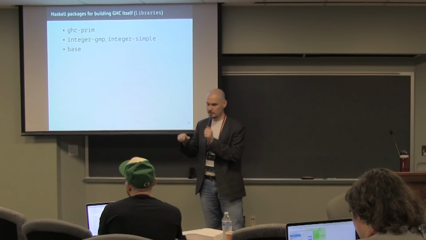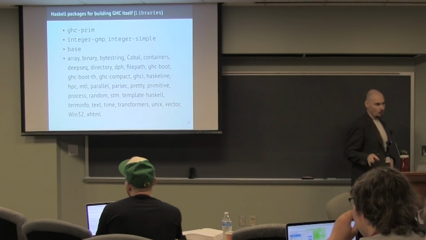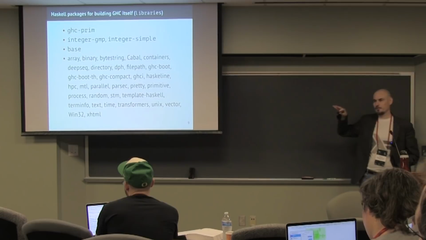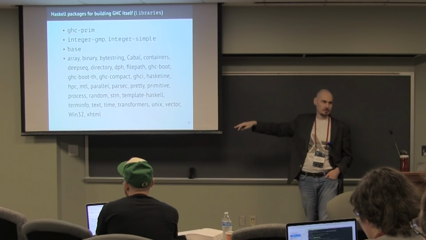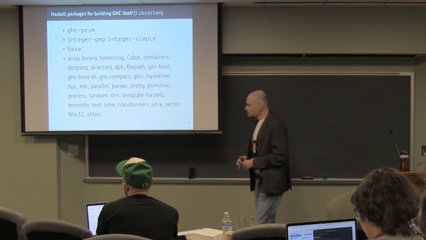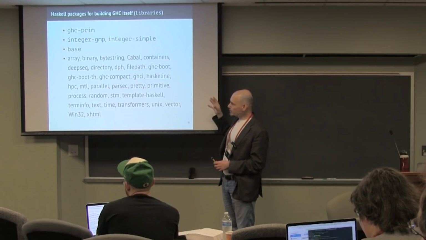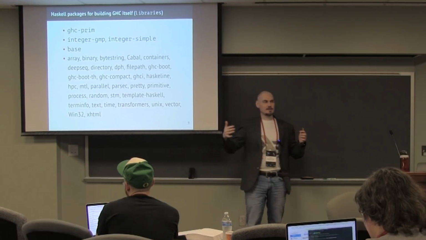But when you have base, you will need more libraries. This is a list of all of the libraries which are built together with the compiler. All these libraries reside in this code base, so they are actually part of the compiler. And you can think about these libraries as the most important Haskell libraries.